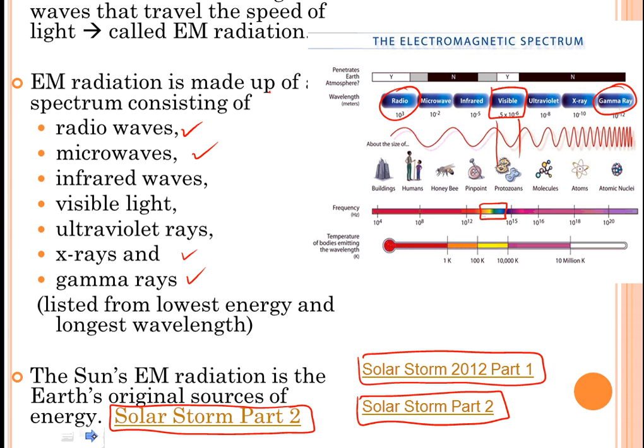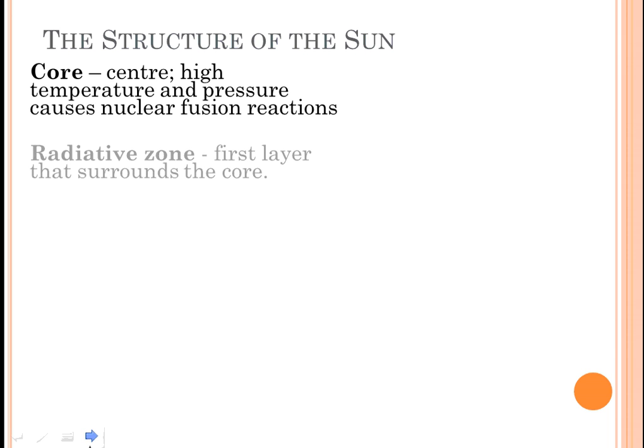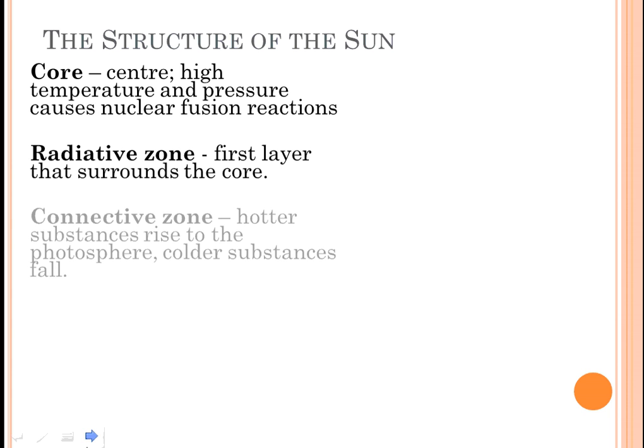Now, if we look at the structure of the sun, there are some terms here that you need to know. So it's just definitions, really. It's something you can look up in your textbook. The core of the sun, that's the center, of course, where you get your high temperature and pressure. You've got the radiative zone, that's the first layer.